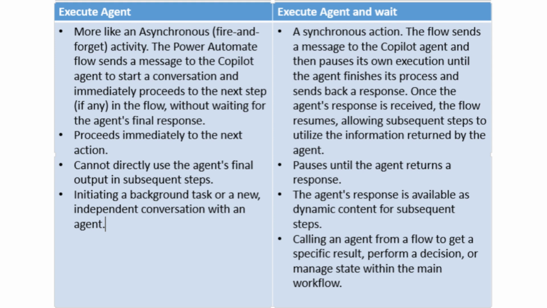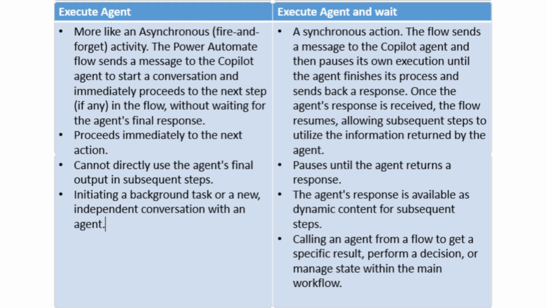Execute agent immediately proceeds to the next action, whereas execute agent and wait pauses until the agent returns with an outcome. Execute agent cannot directly use the agent's final output in subsequent steps, whereas with execute agent and wait, the response is available as dynamic content for subsequent steps.